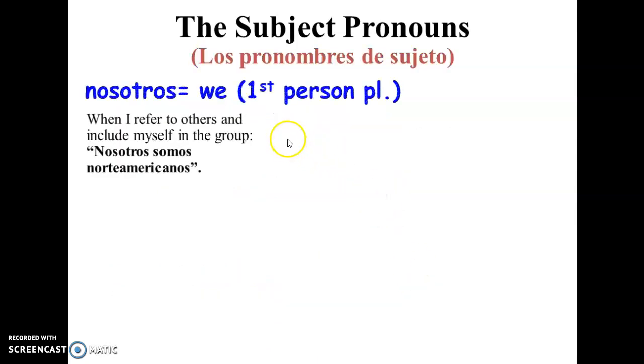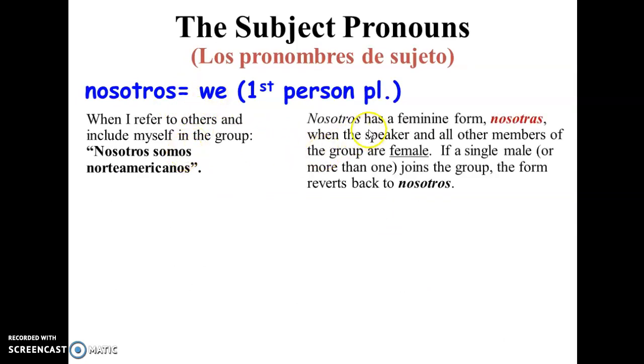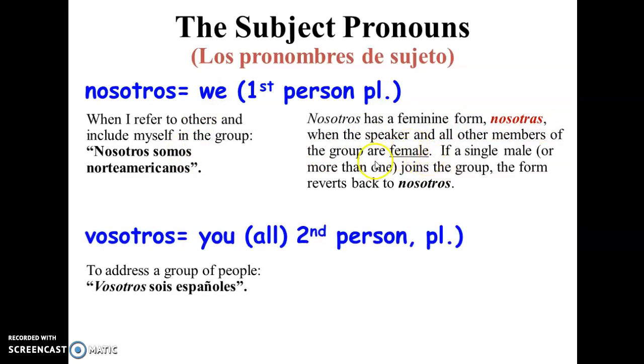Now this is the first person plural, nosotros, we. So it can be masculine or feminine, nosotras, depending on who's in the group. If it's a mixture of male and female, it's going to be nosotros. And if it's a group of only females, it's going to be nosotras.